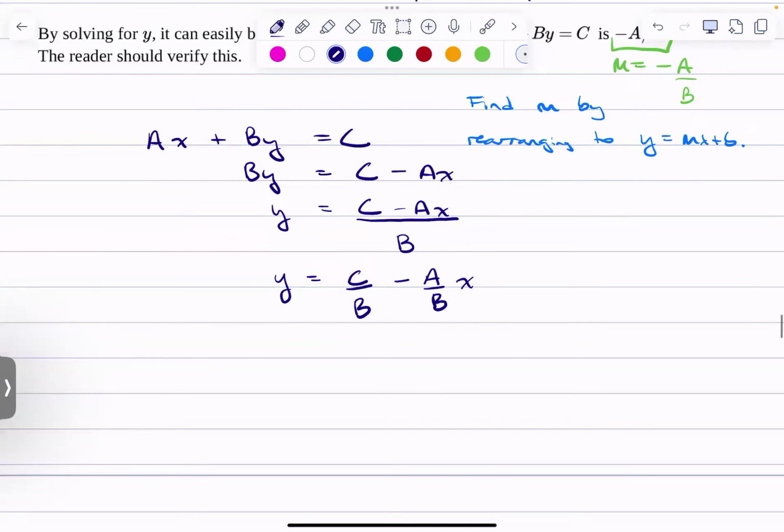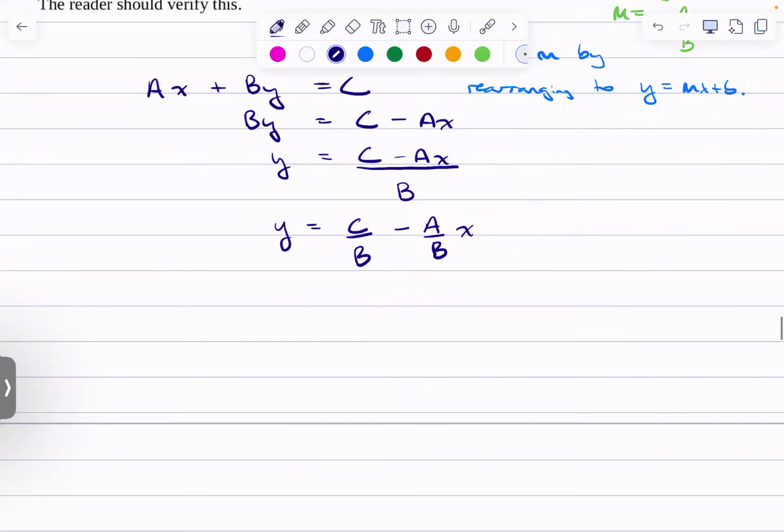And then I'm going to rearrange it so it's in mx plus b form, right? But really, in general, whatever is attached to the x is your slope, right? And whatever is on its own is your intercept. But let's just do it to be proper. y is negative a over b times x plus c over b.